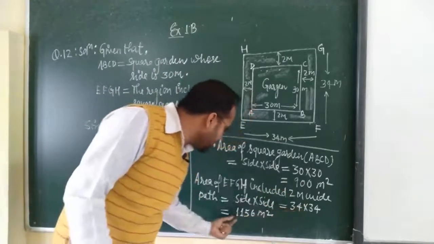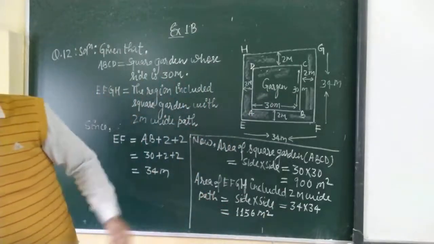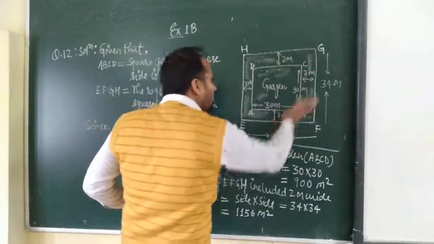You know that the side is 34, multiplied by 34, students. 4 times 4 is 16, and if you multiply this, you will get 1156 meter square, the area of this region. Area of EFGH including the 2 meter wide path is 34 multiplied by 34, which is 1156 meter square. This is the area of this whole region.